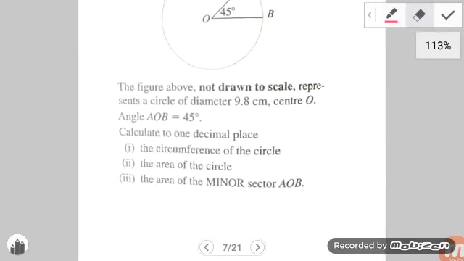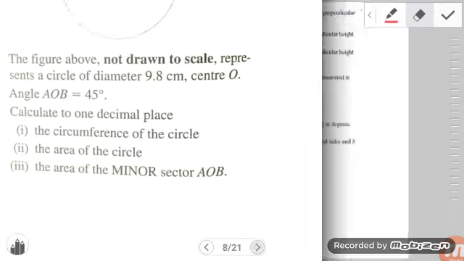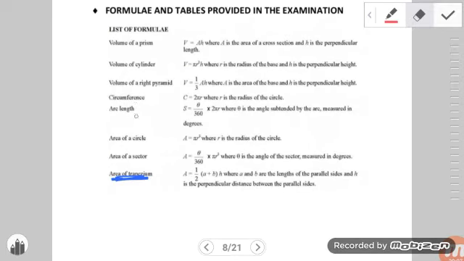Alright, so here we go. We are to calculate to 1 decimal place the circumference of the circle. That too was a formula that was provided on your formula sheet. So circumference of a circle, that's right here. C is equal to 2 pi r.